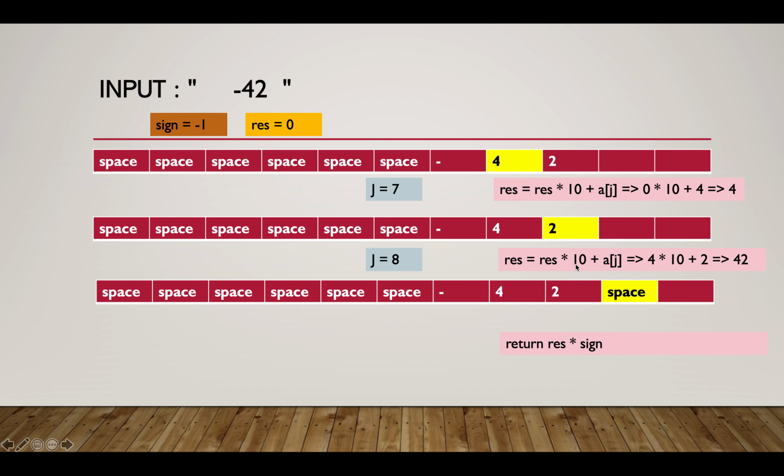Now we'll say result into 10 plus a of j, so the output will be 4 into 10 plus 2, which is 42. Then we'll find a space, and we break, because we no longer need to process anything other than the numbers, and we return result into sign. Since we have -1, it will convert the number to negative.